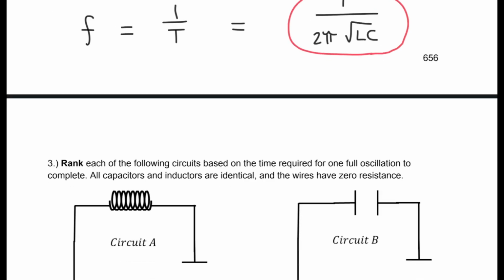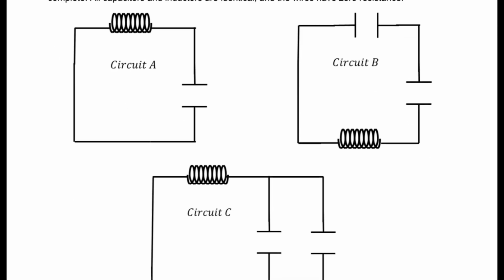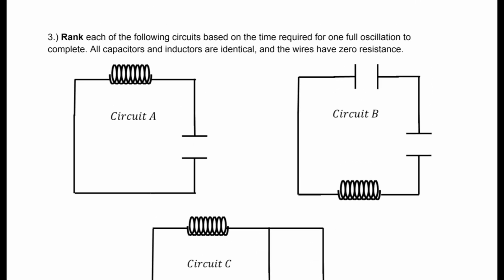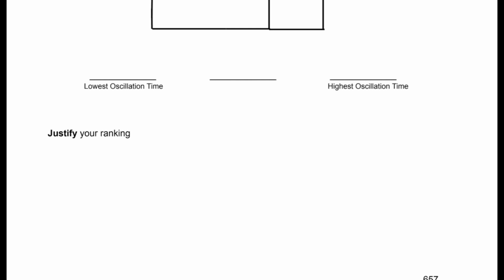So now we'll rank 3 LC oscillators based on the time it takes each to reach their maximum charge. So in doing so, we just need to rank their time, which we said was equal to 2 pi times square root LC.